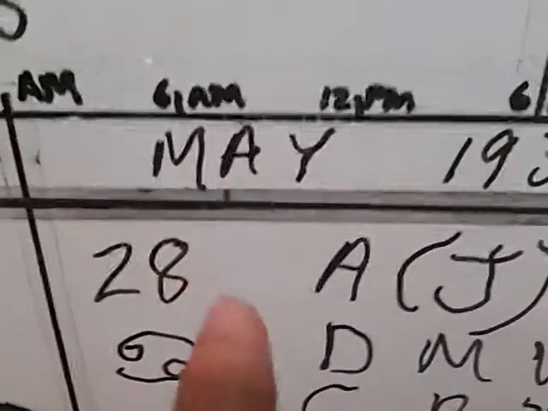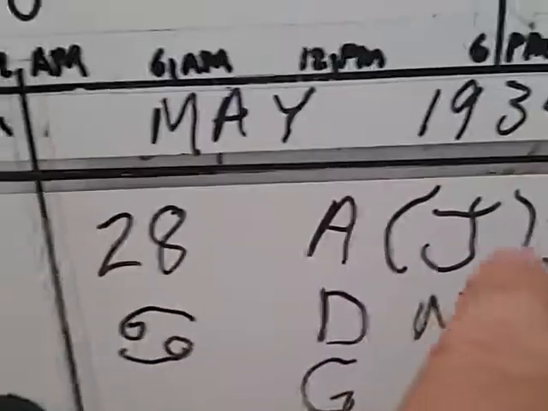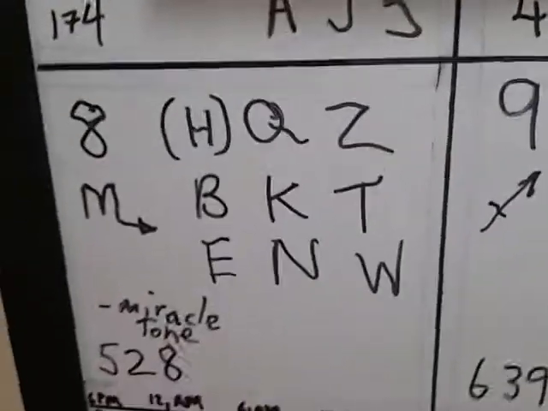So the 8th and 9th are connected to May 28th. You see how that shows Corbeil, Ontario, Canada here, Ontario, Canada here, and Corbeil here. So it's triangulating to show you that it's properly aligned.